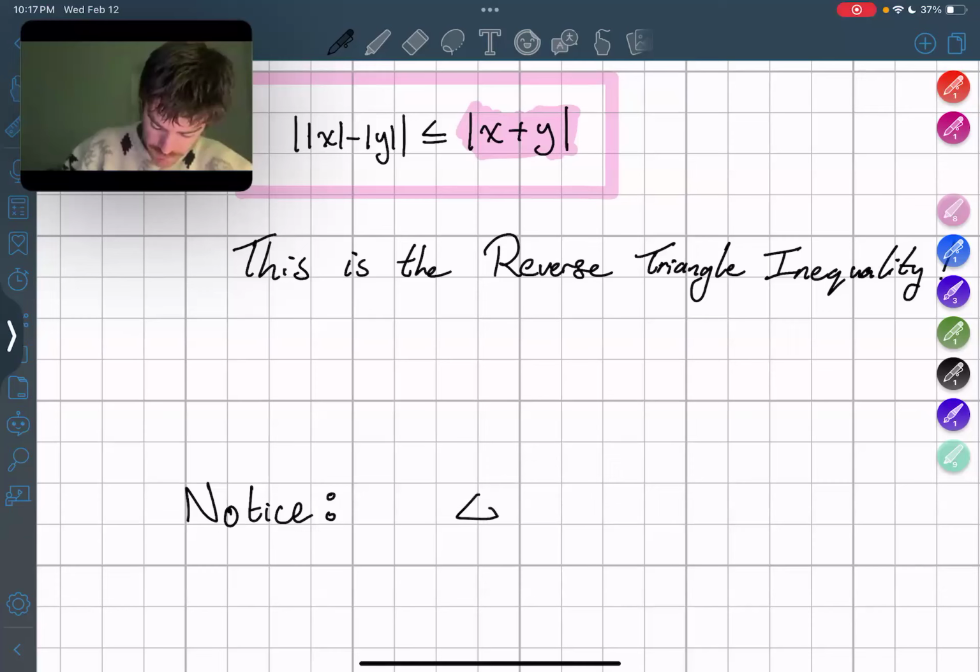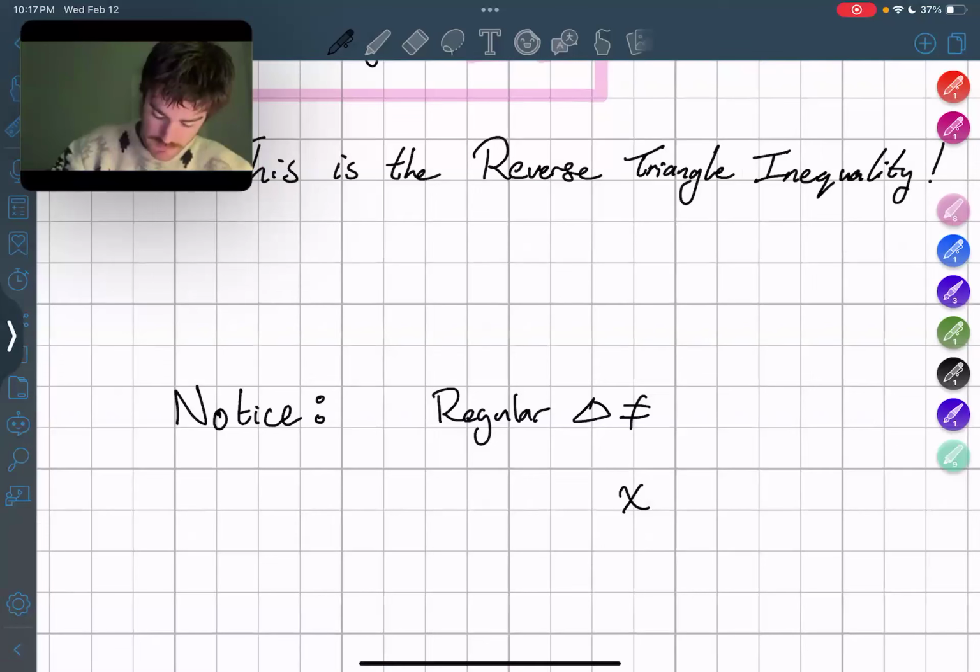With our regular triangle inequality, we know that the absolute value of x plus y is less than or equal to the absolute value of x plus the absolute value of y.